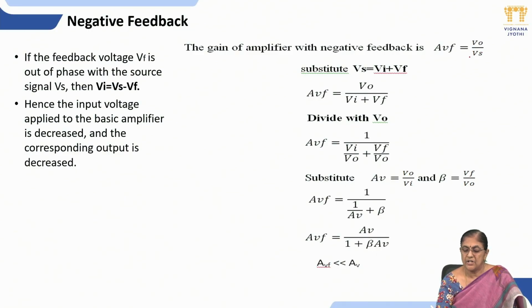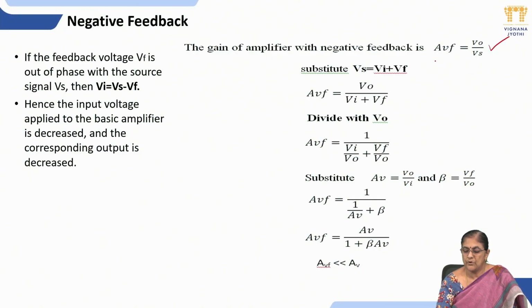What is the definition for the gain of the amplifier with negative feedback? AVF is the ratio of output voltage to input of the feedback amplifier. What is the output of the feedback amplifier? V naught. What is the input of the feedback amplifier?